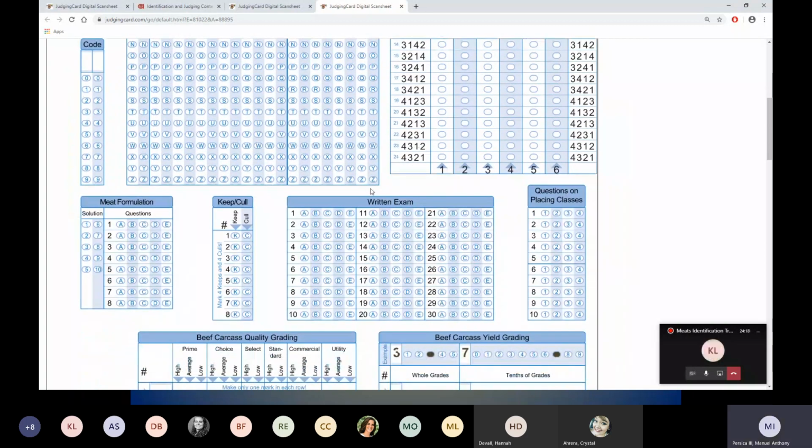Okay, if you look at the rest of the screen, there's a lot of things on here. This form is made for 4-H and FFA, so there's a lot of portions in here we're not going to use. We will not use meat formulation. We will not use keep cull. We will not use a written exam portion. We will use questions because I like to ask a class of questions.